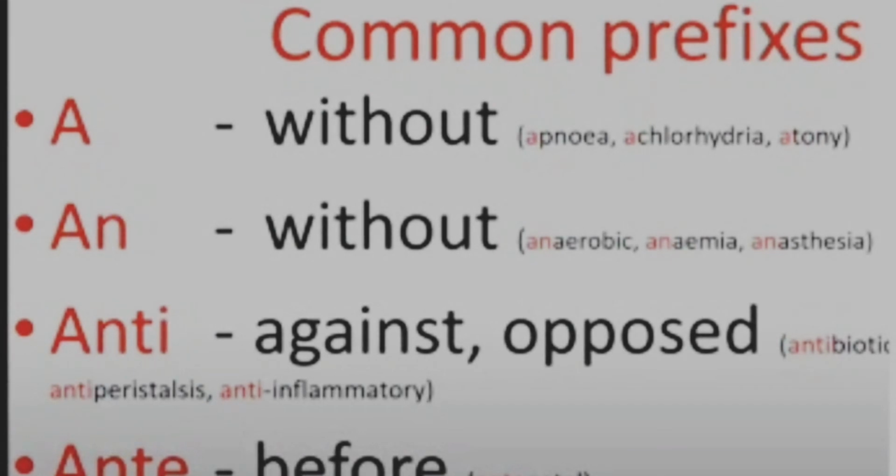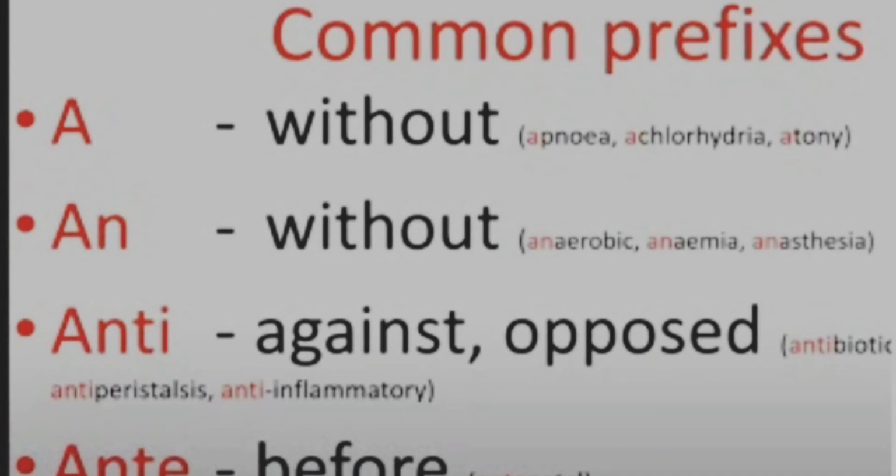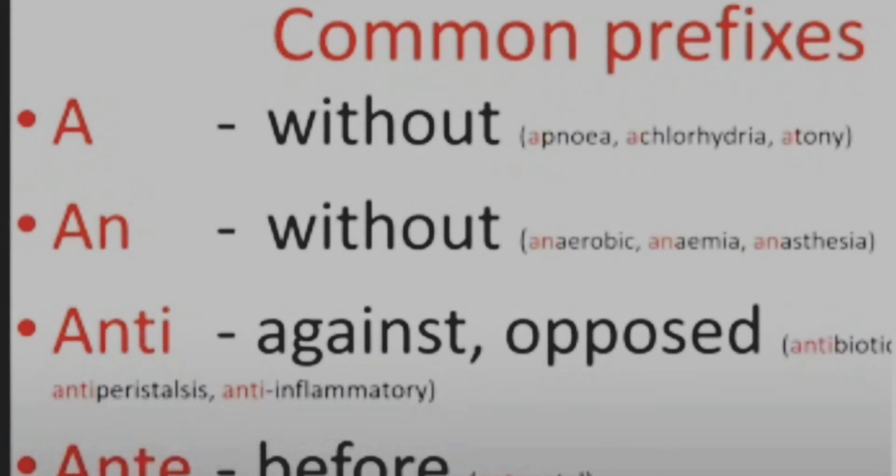Atony, that means the bone has lost its density or its strength, its robustness, and also means without. So anaerobic, and anemia, which has something to do with the loss of blood or inadequacy or shortage of blood.